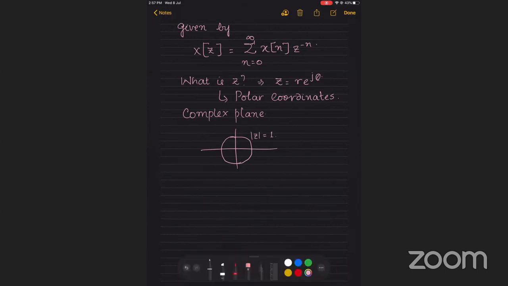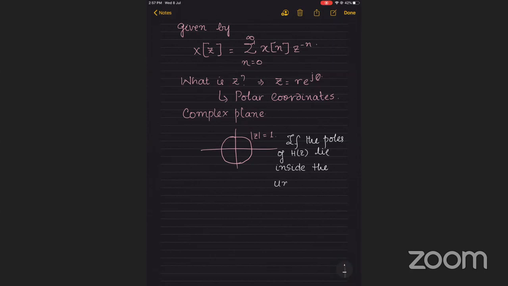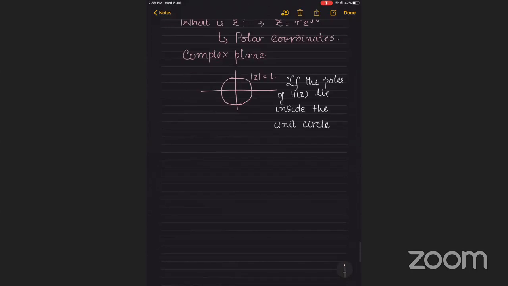The equivalence is this: if the poles of H of Z lie inside the unit circle, the system is stable.